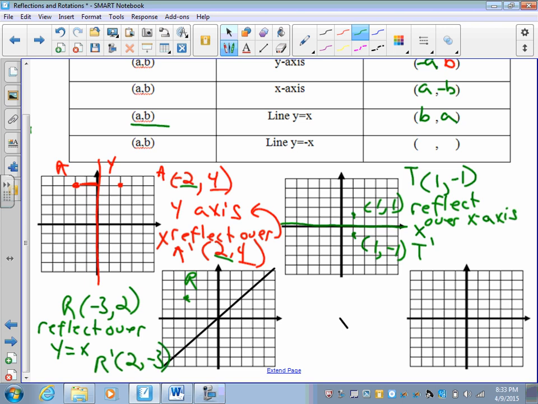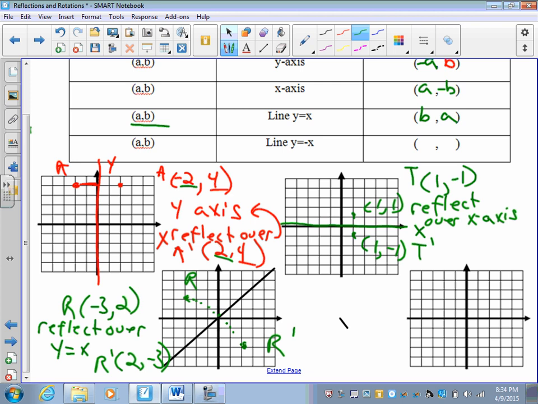Go over to +2 and down 3, and you have R prime. Okay, I went over 2 and down 2. Over 2 and down 3 is what I was supposed to do. There we go, R prime. I knew I was wrong because when I looked at my picture, I saw it was not 3 blocks down. You can kind of eyeball it. You want it to be equal distance from that y equals x line.